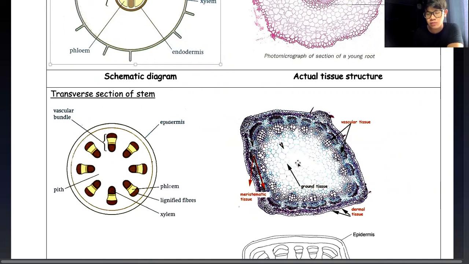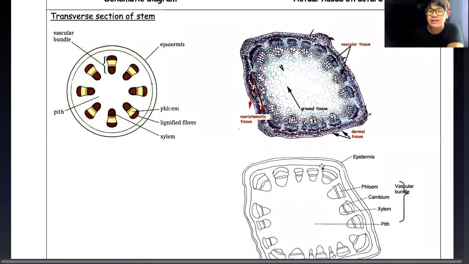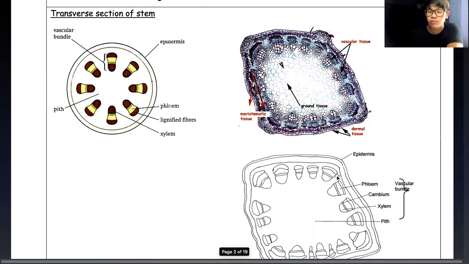This is the actual microscopic photograph, what we call a photomicrograph. And this is the diagram, the schematic, the drawings. By the way, this is how you would probably draw in a practical, but either this or this should be easily identified. Now, what are the structures?